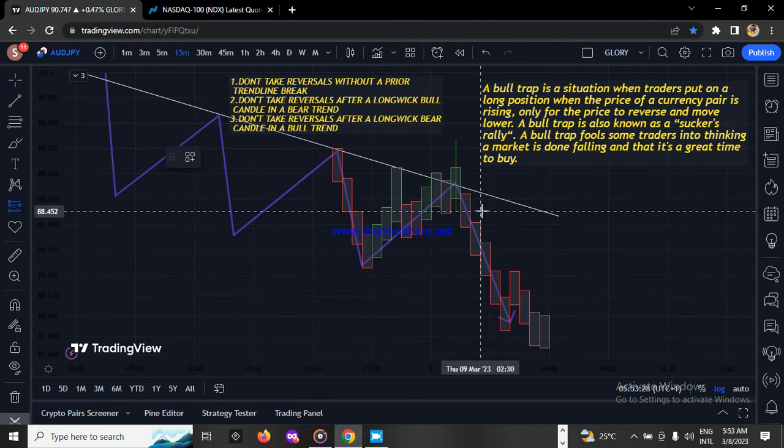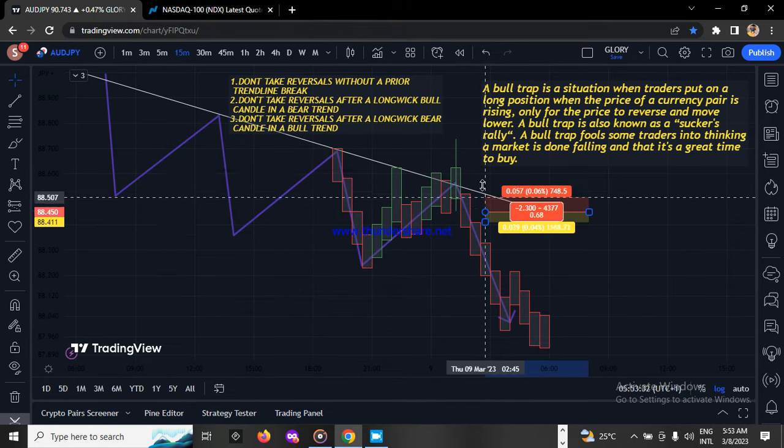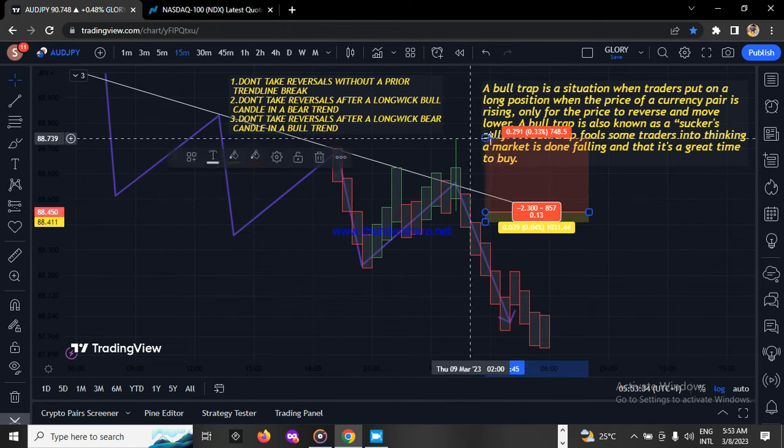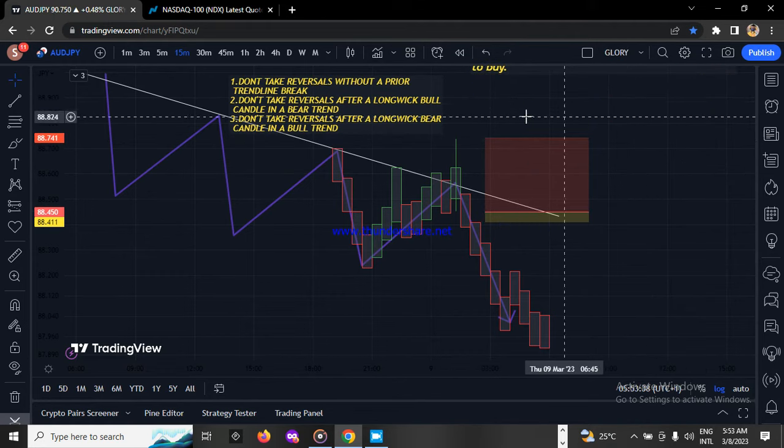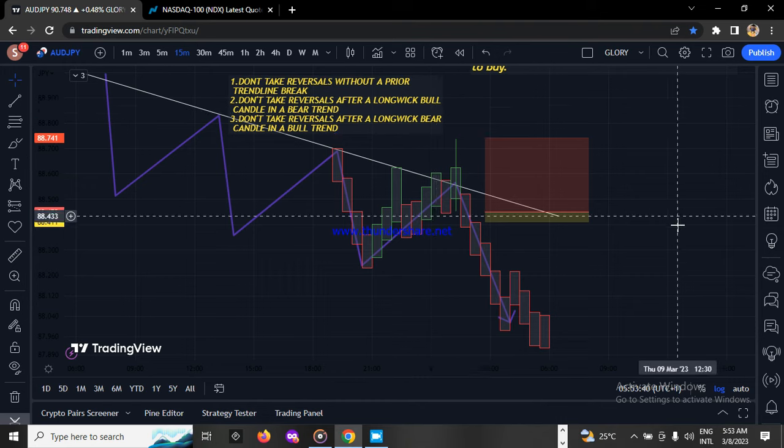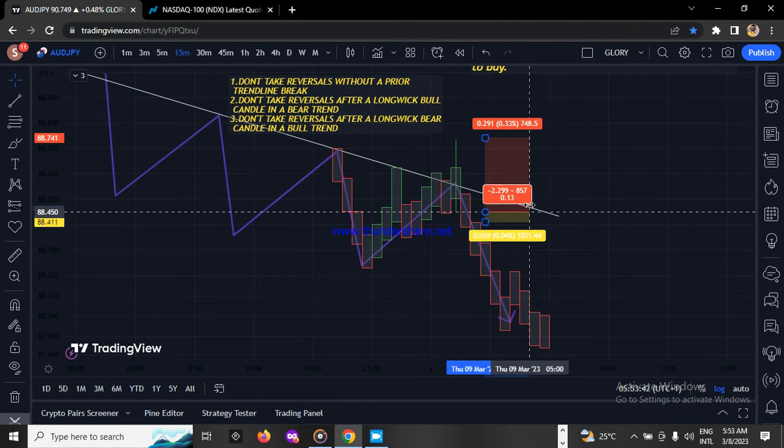So you can see this is the place, you place it here, your stop loss above the wick.